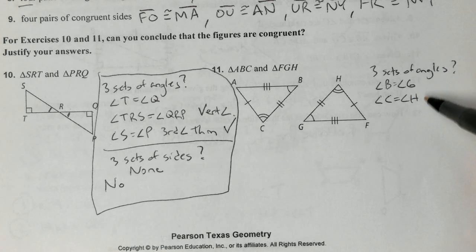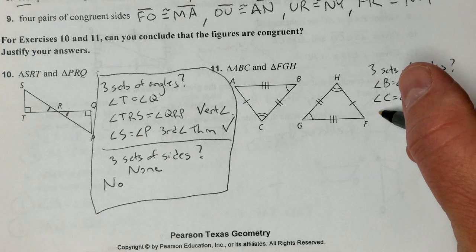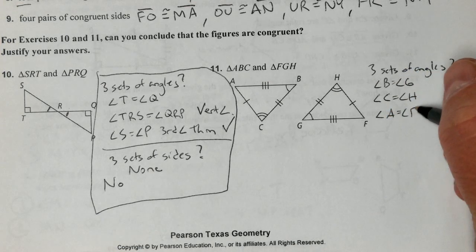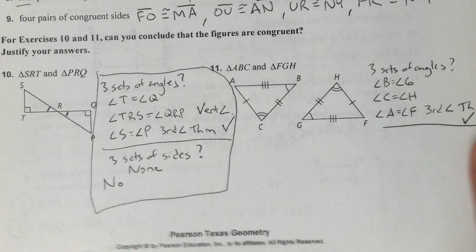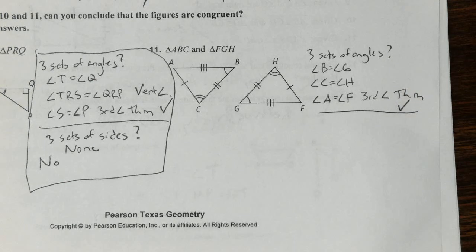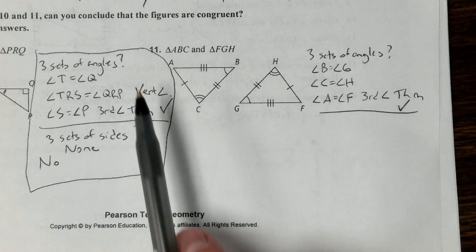And again, if we have 2 sets of angles equal, we know our third one are equal. So angle A equal angle F because of your third angle theorem. So we're good as far as angles. So our angles worked for both of them.